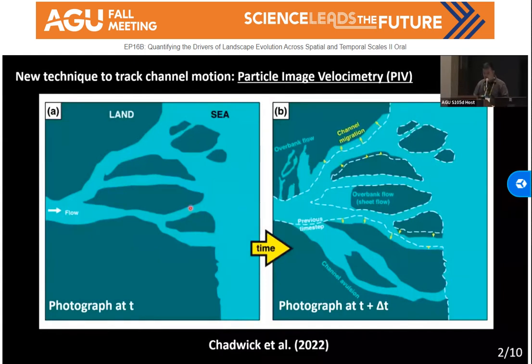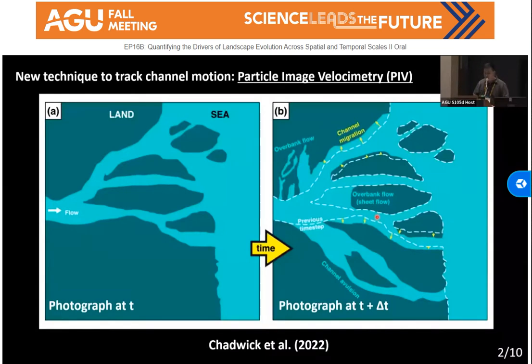Here you can see a photograph at time t, and on the right, t plus delta t. The dashed lines indicate the difference between these two images. Then you can see how the channels migrate, and you can know the migration, basically the displacement and also direction.